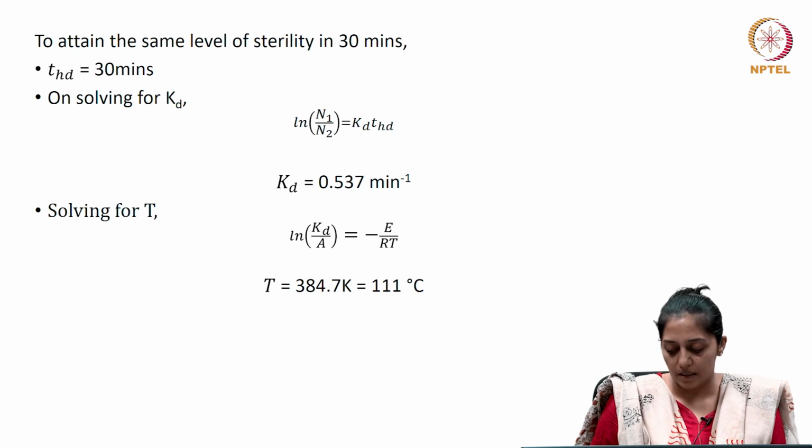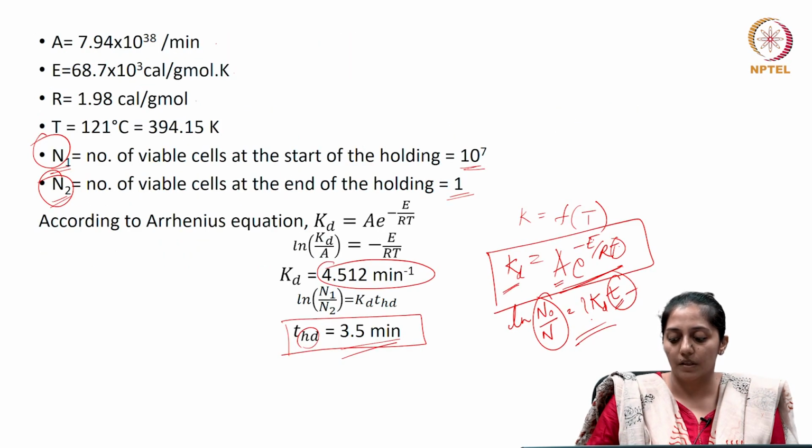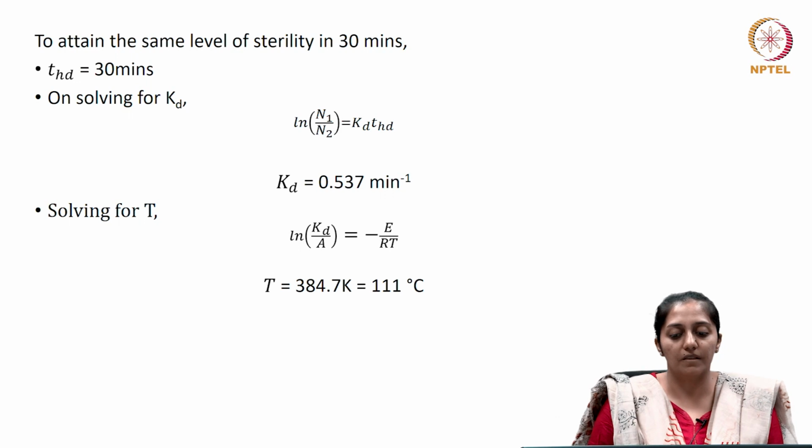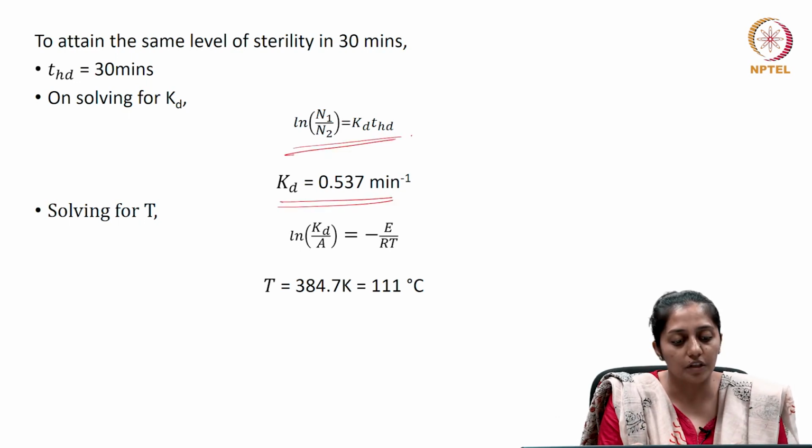So, the time for sterilization in this equation can be changed from 3.5 to 30 minutes. Now, using the first order degradation kinetics, the value of the thermal death rate constant will be calculated, giving the same sterility to be maintained.